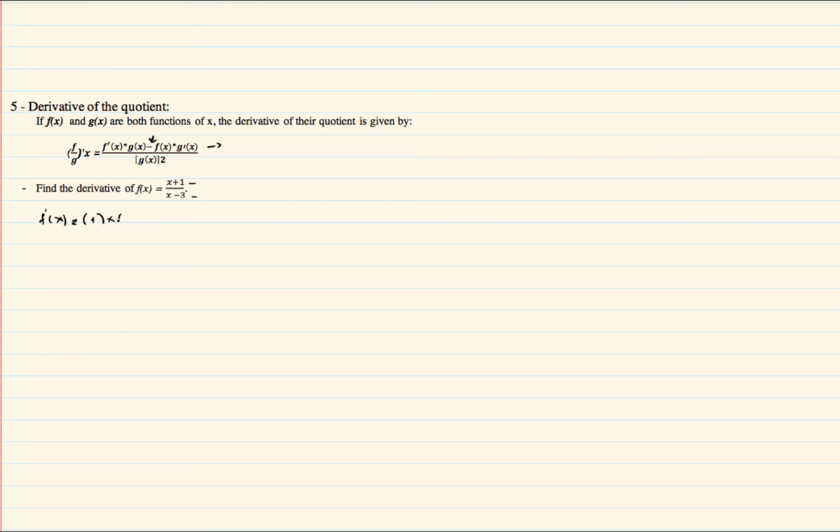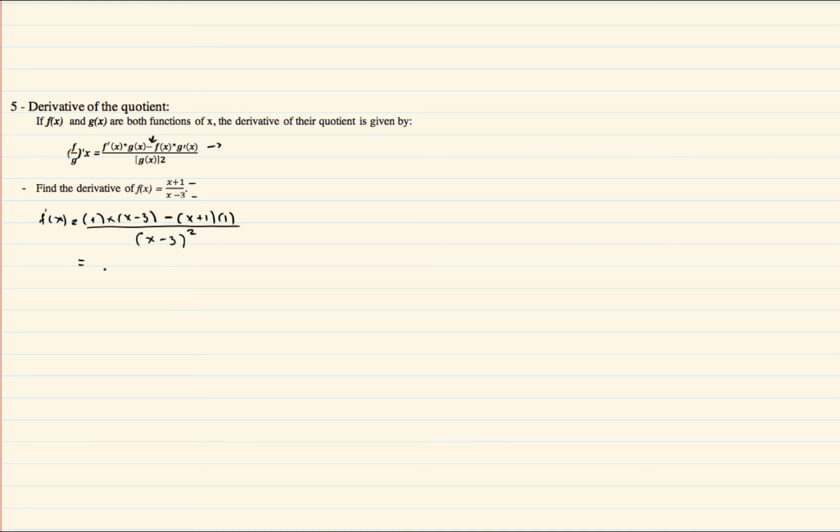Into x minus 3, which is the second function without any modification, minus the first function without any modification, multiplied by the second function now differentiated, which means we have to differentiate this denominator, and derivative of x is 1 and derivative of minus 3 is 0, so this is multiplied by 1, and all this we divide by the second function, x minus 3, raised to the power 2.